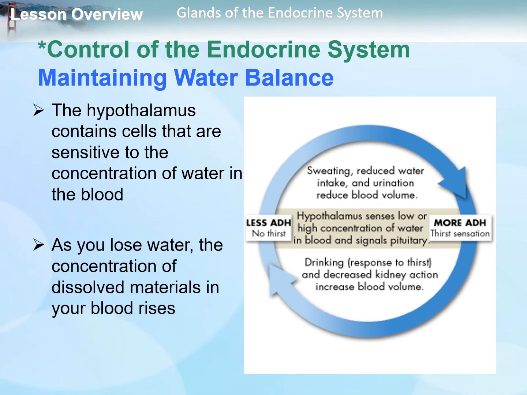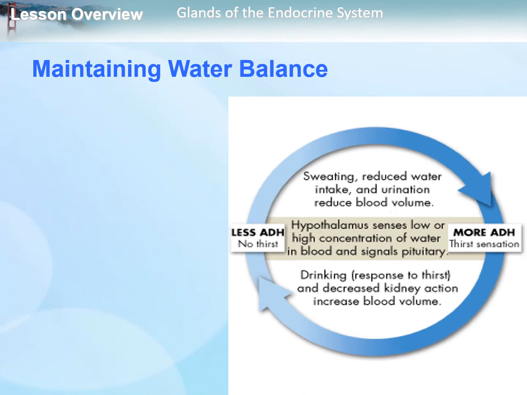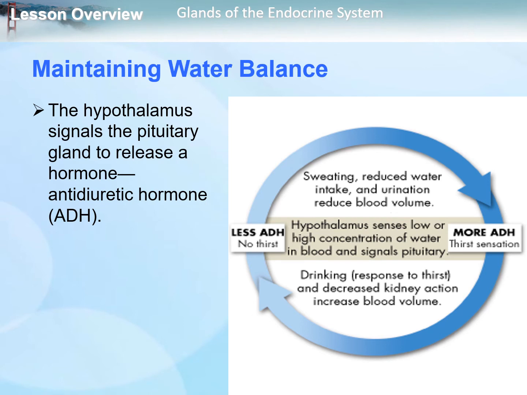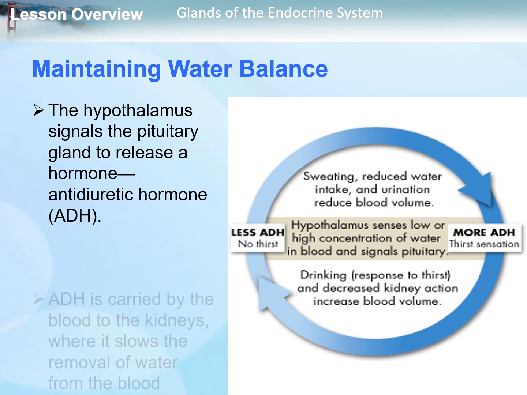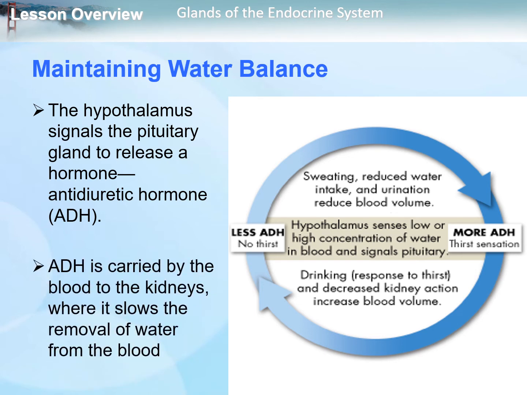As you lose water, the concentration of dissolved materials in your blood rises. The hypothalamus signals the pituitary gland to release a hormone, antidiuretic hormone or ADH. This ADH is carried by the blood to the kidneys where it slows the removal of water from the blood.